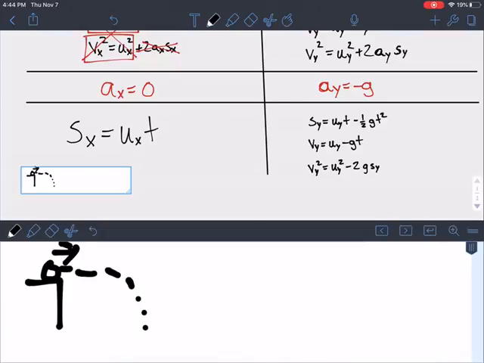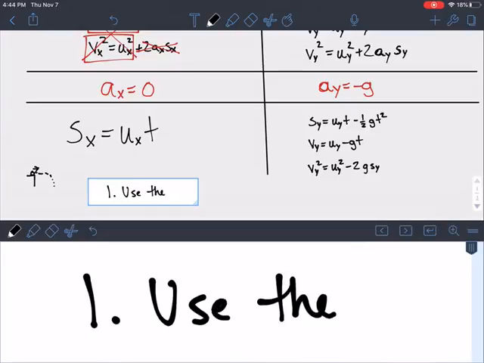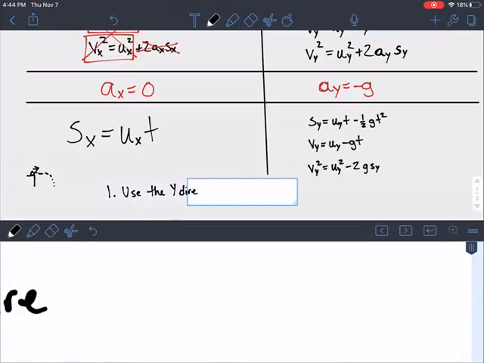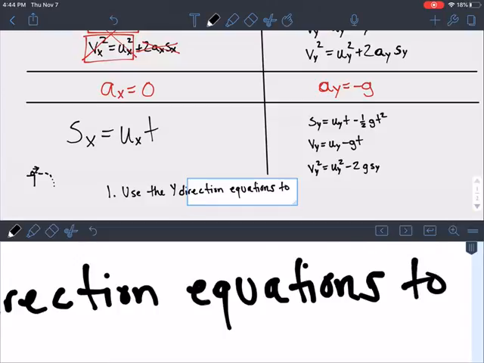So how do we go about solving a problem like that? Well, step 1 is we use the y direction equations to solve for time.